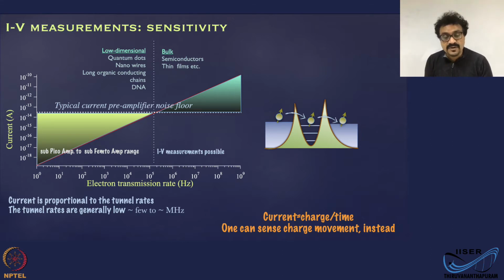Irrespective of whether it's a quantum dot or nanowire or whatever the device you have, if the transfer rate of electrons through the system is in this regime, then current measurement is not an option to characterize the device.